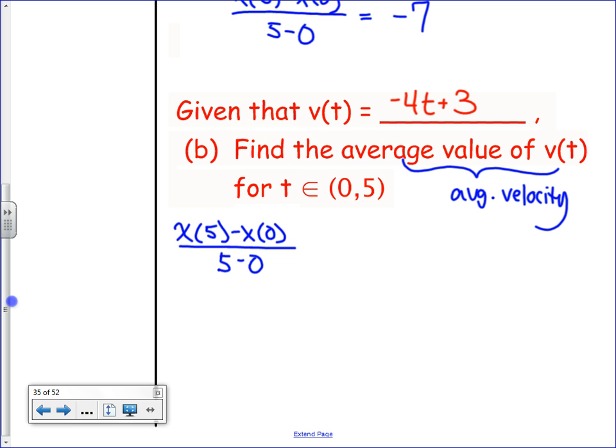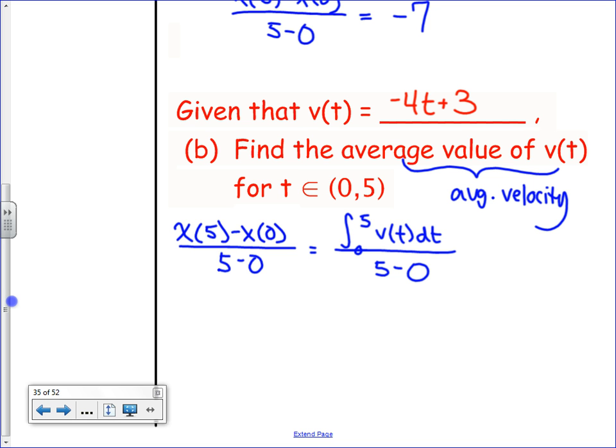F of b minus f of a. Antiderivative of b minus antiderivative of a is the exact same thing as the integral. I'm using the same formula. I'm just looking at it a different way.